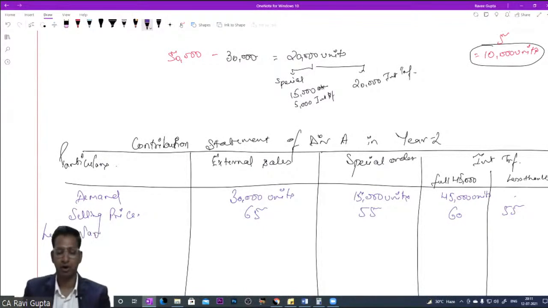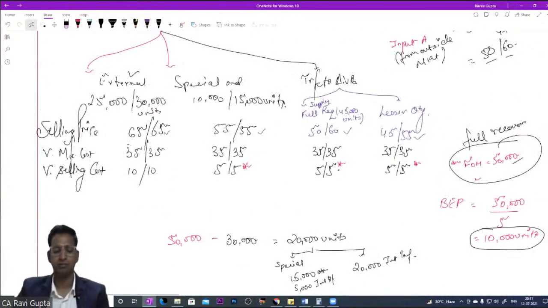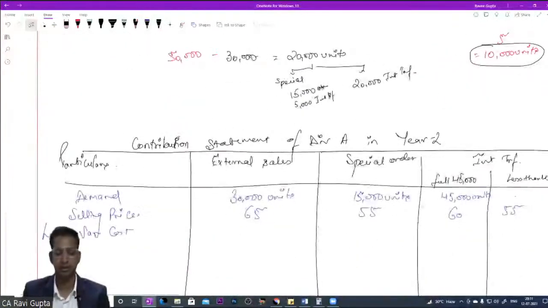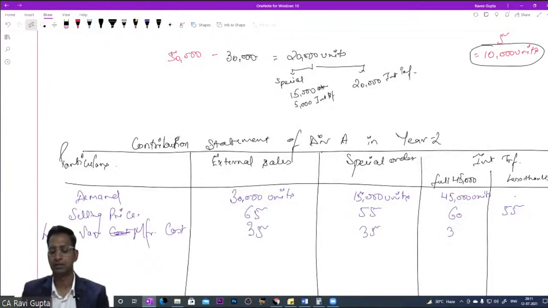Less variable cost. Under variable cost, we have variable manufacturing cost of 35 rupees, 35 rupees, 35 and 35.